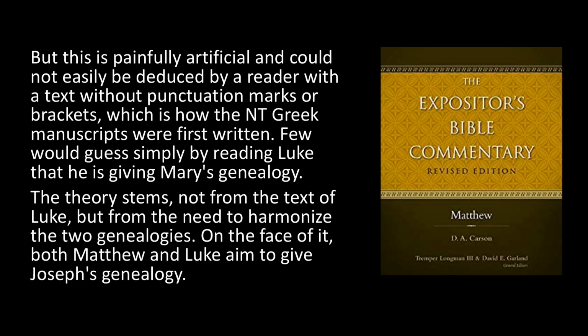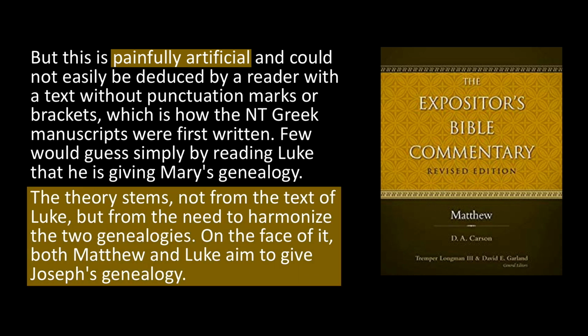Carson goes on to note that, quote, this is painfully artificial, and could not easily be deduced by a reader with a text without punctuation marks or brackets, which is how the New Testament manuscripts were first written. Few would guess simply by reading Luke that he is giving Mary's genealogy. The theory stems not from the text of Luke, but from the need to harmonize the two genealogies. On the face of it, both Matthew and Luke aim to give Joseph's genealogy.